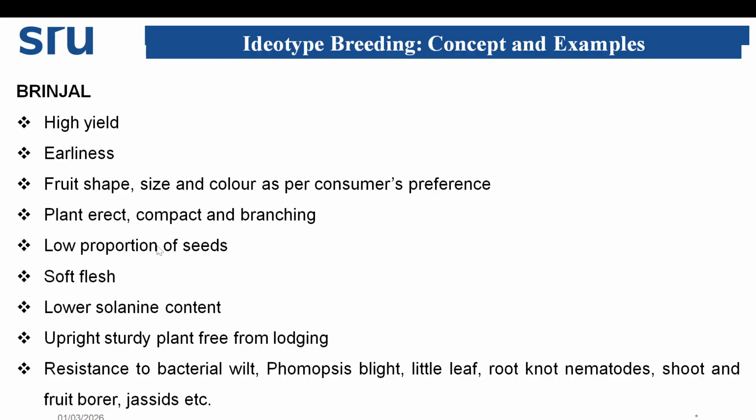Low proportion of seeds, soft flesh, then low solanine content. Upright, sturdy plant free from lodging. Resistant to bacterial wilt, Phomopsis blight, little leaf, root knot nematode, shoot and fruit borer along with jassids. So these are characteristics for brinjal.